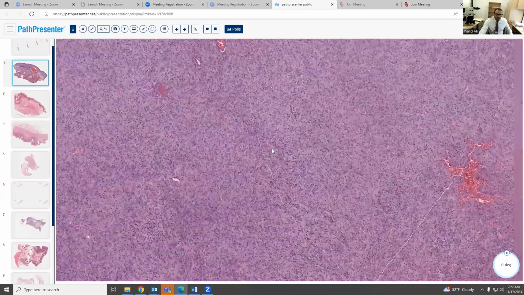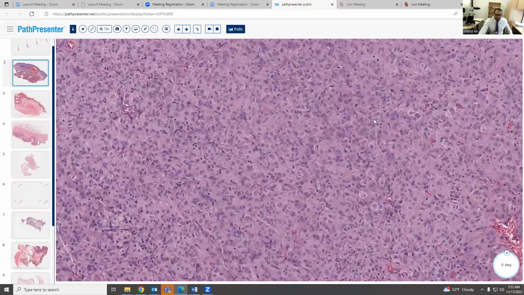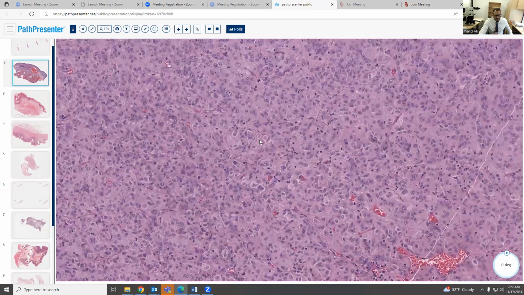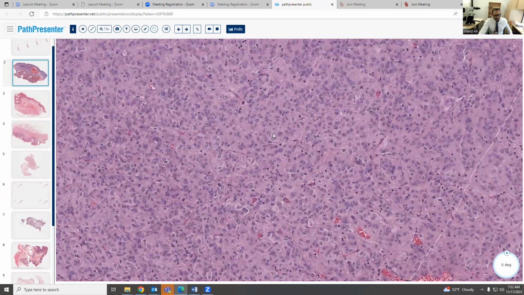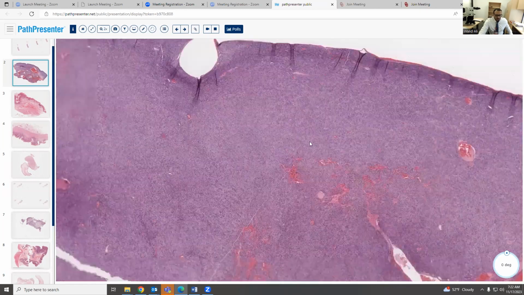This is small bowel, not stomach, with uniform epithelioid looking cells. I don't see an abundance of mitosis, maybe some here. This is just arising in the small bowel.